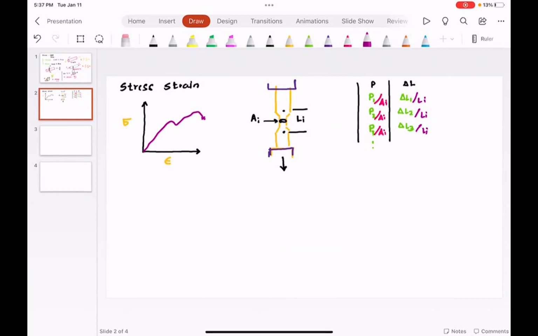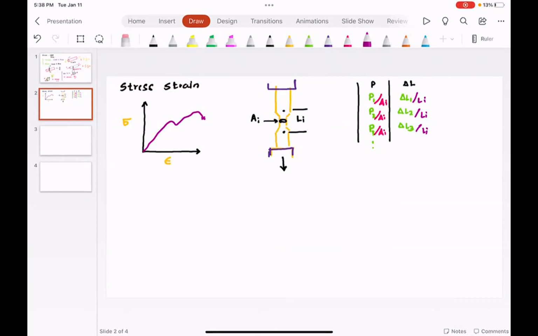Now, it is interesting to observe that this type of behavior is seen in mild steel under 2 specific conditions. First condition is that division is always by initial area and initial length. If you divide by the instantaneous area or instantaneous length, you are not going to get a curve like this.